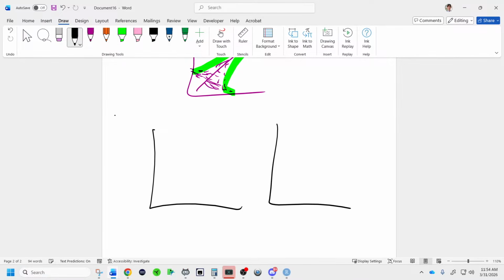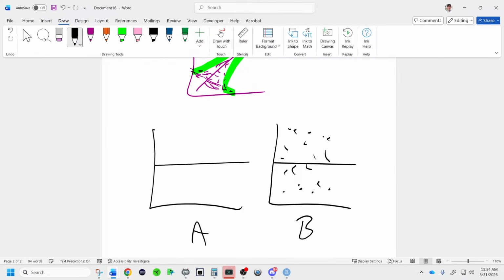Which one of these, A or B, is a good residual plot? B, 100% B.